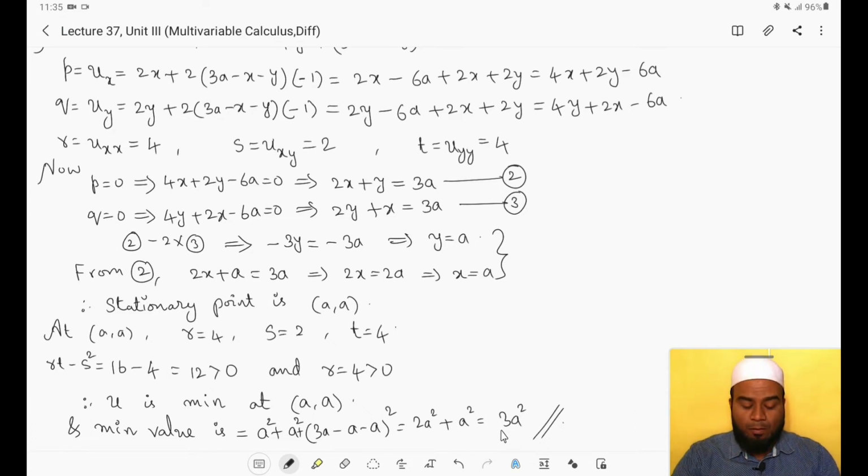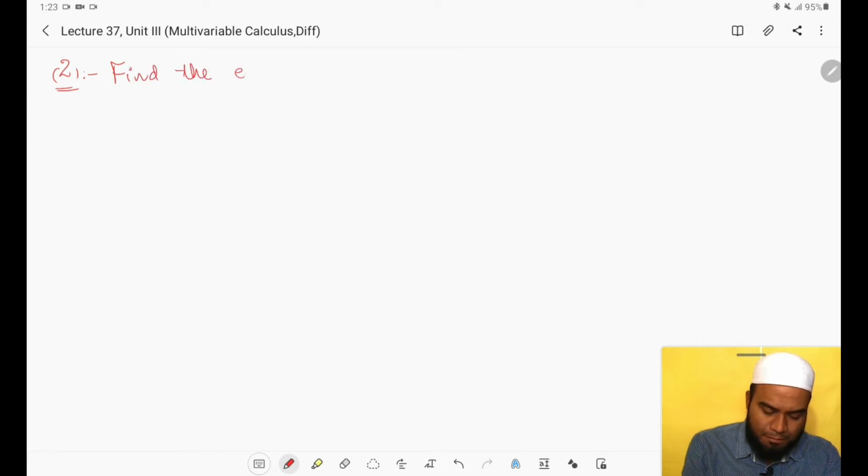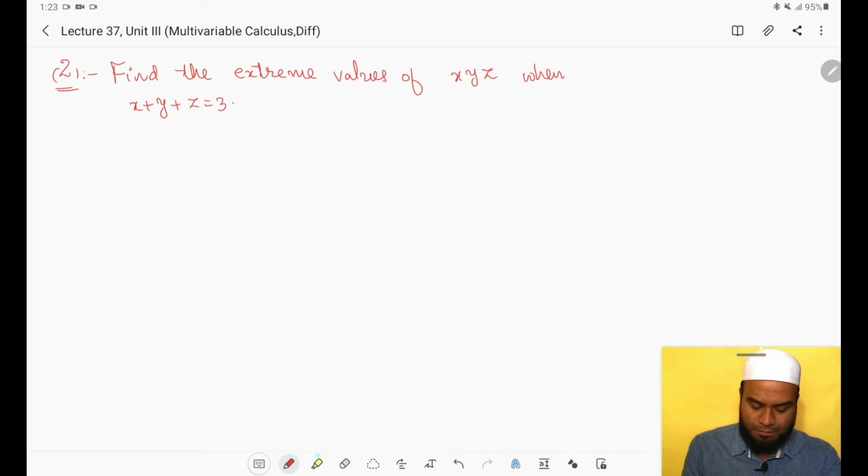We are going to see one more problem related to this constrained maxima and minima. Okay, the second problem is: find the extreme values of xyz when x plus y plus z equals 3, right.